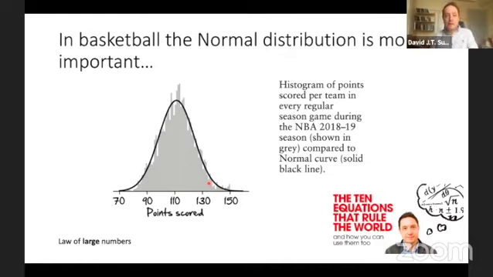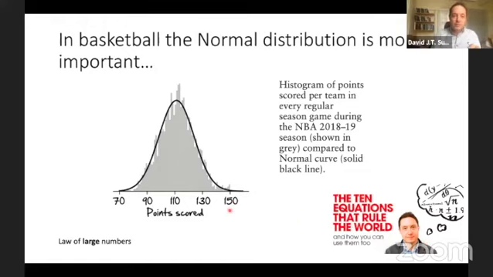For things that occur a lot, we have the law of large numbers, and that's where the normal distribution comes in. The normal distribution is what you get if you add up loads and loads of random things. So if you add up loads and loads of random scoring in basketball matches, you get a normal distribution. I made this for my latest book.